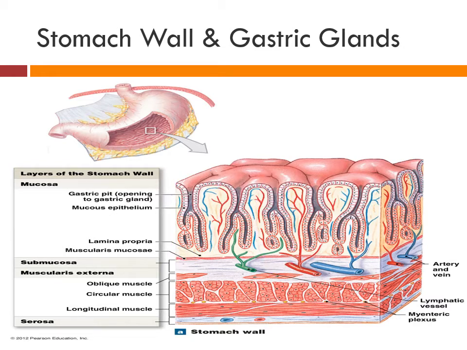Beneath the gastric pits, we have the lamina propria, the submucosa, and then the muscular layer. The interesting part about the stomach that you would want to remember is that it has a 3rd layer of muscular tissue, which is called the oblique layer. So it's got your normal longitudinal layer on the outside, and then it's got your circular muscles in the middle, and then it has this oblique layer that just gives additional ability for mechanical digestion.